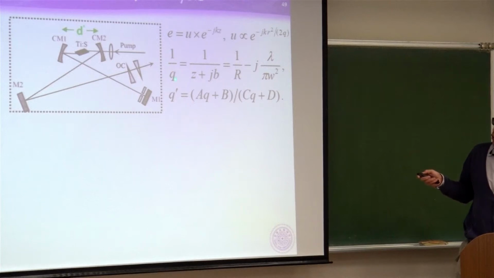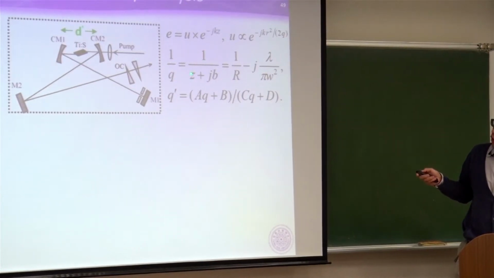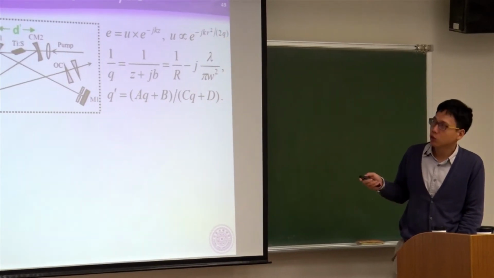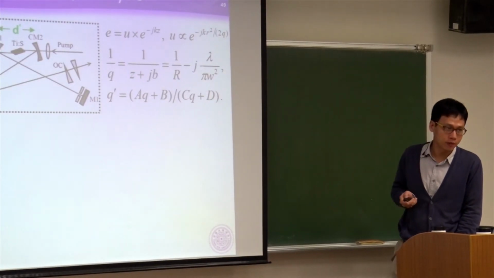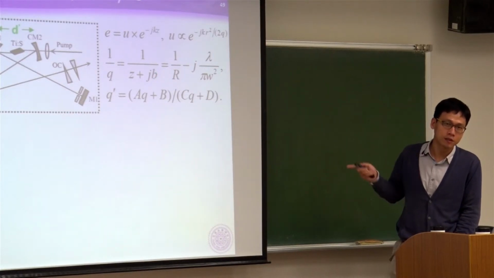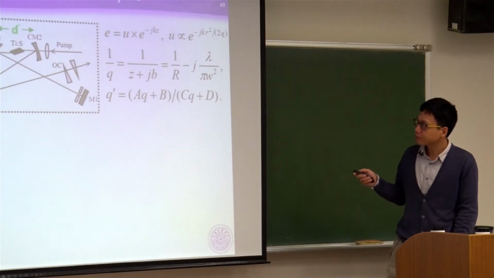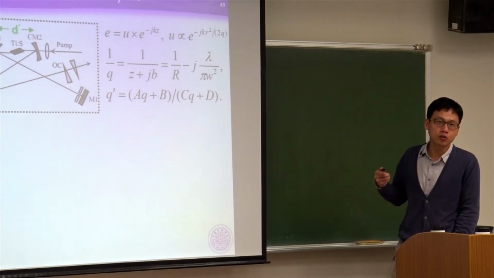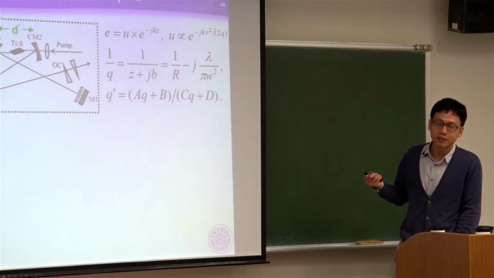But 1 over q is equal to 1 over z plus jb. You see, q is a complex number. The real part is position. The imaginary part is the confocal parameter. They come from the Gaussian beam theory you have studied, okay? And the real part of 1 over q is 1 over R. It is related to the phase curvature.